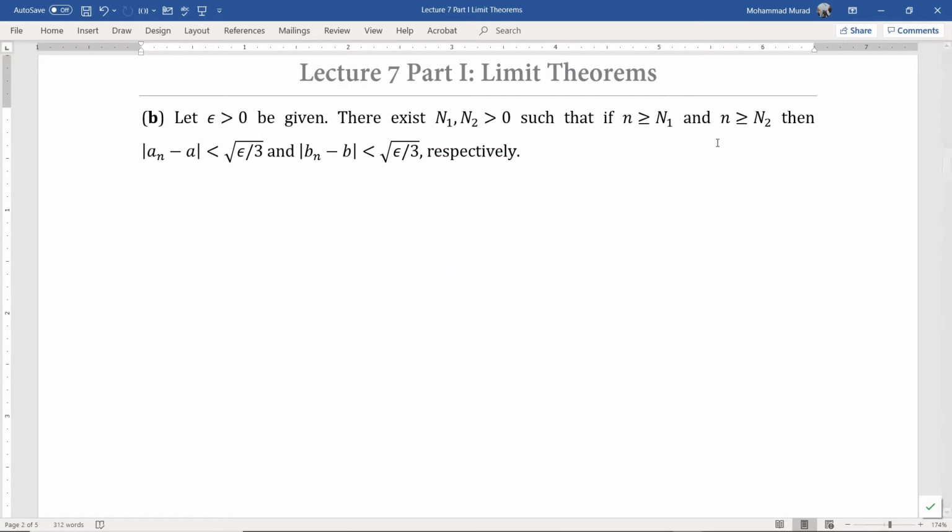Now, to prove the statement B, let epsilon be given. There exist positive integers n sub 1 and n sub 2 such that for all indices n greater than or equal to n sub 1 and for all indices n greater than or equal to n sub 2, we have the absolute value of a sub n minus a is smaller than the square root of epsilon over 3, and the absolute value of b sub n minus b is also smaller than the square root of epsilon over 3, respectively.